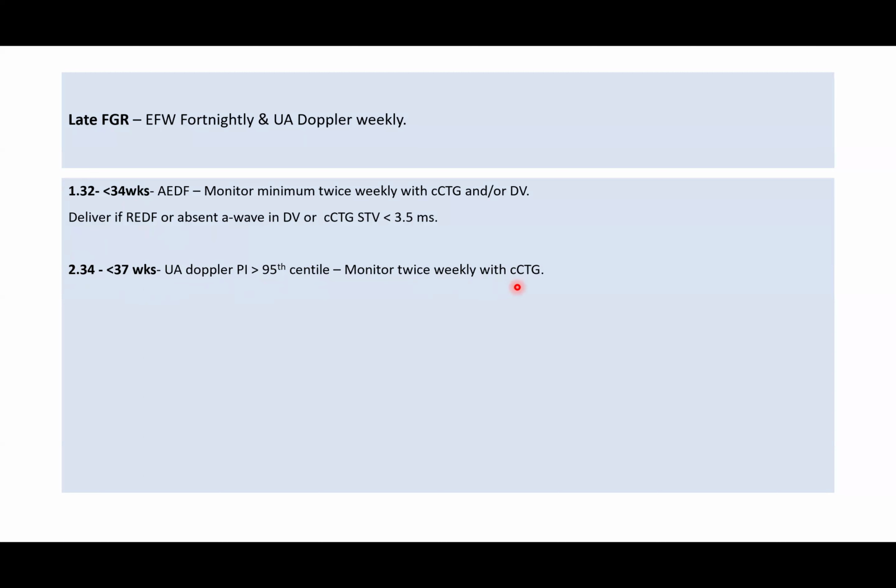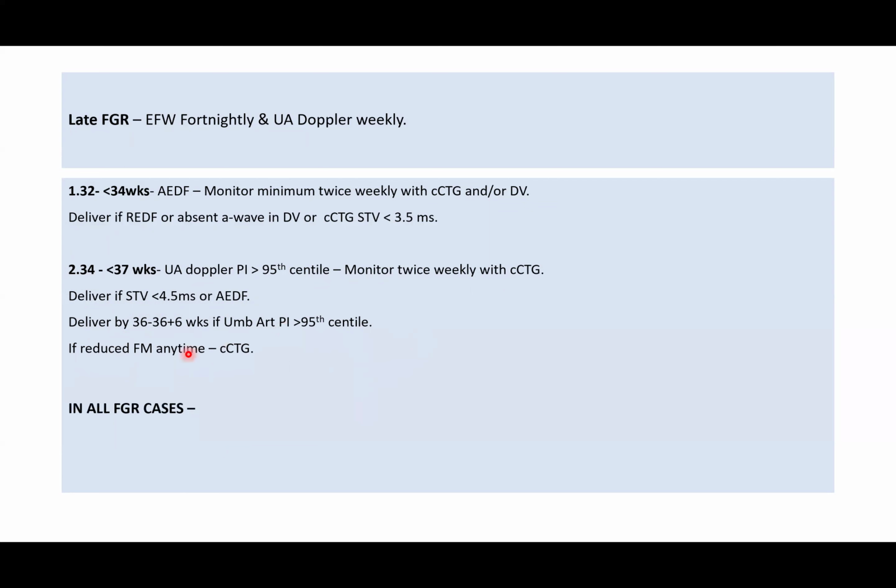Then, when are we going to deliver? If STV is less than 4.5 millisecond, or there is absent end-diastolic flow. And also we have to deliver by 36 to 36 plus 6 weeks if umbilical artery pulsatility index is more than 95th centile. Again, if reduced fetal movement at any time, we will offer the computerized CTG.